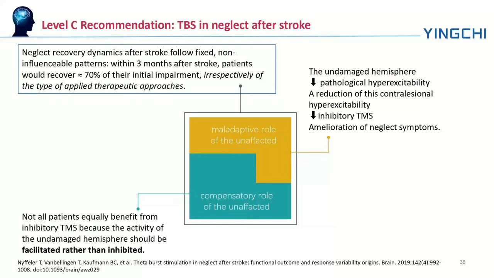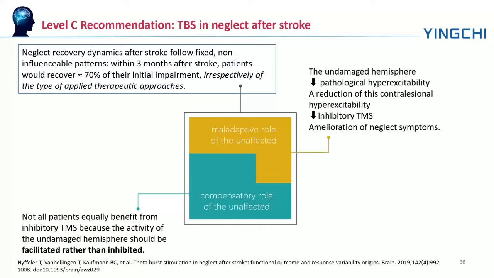Pathophysiological mechanisms underlying spatial neglect and its recovery are still controversial and debated. And some think that the unaffected hemisphere has a maladaptive role, because the undamaged hemisphere undergoes a pathological hyperexcitability after a lesion of its contralateral hemisphere.